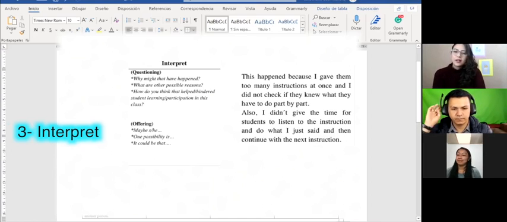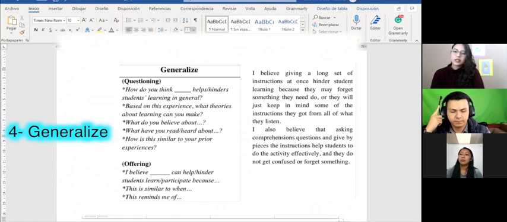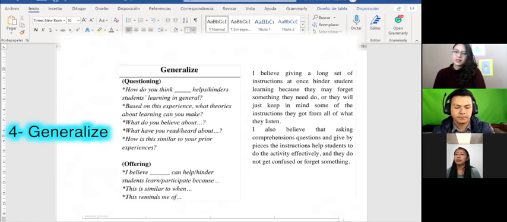Now, how do you think this helps or hinders students' learning in general? Also, based on this experience, what theories about learning can you take, or what do you believe? Well, I believe giving a long set of instructions at once hinders students' learning because they may forget, as you could observe in the activity, they forgot they had to change papers, right?